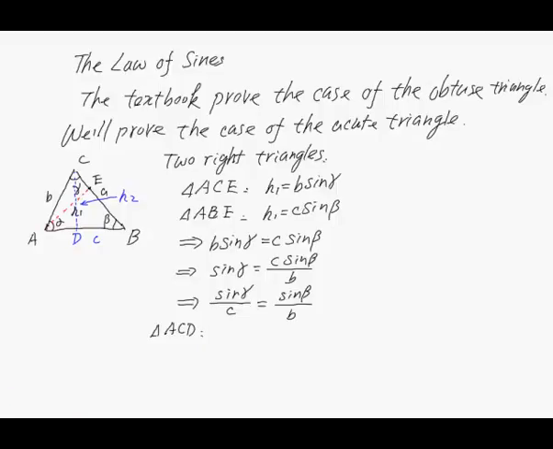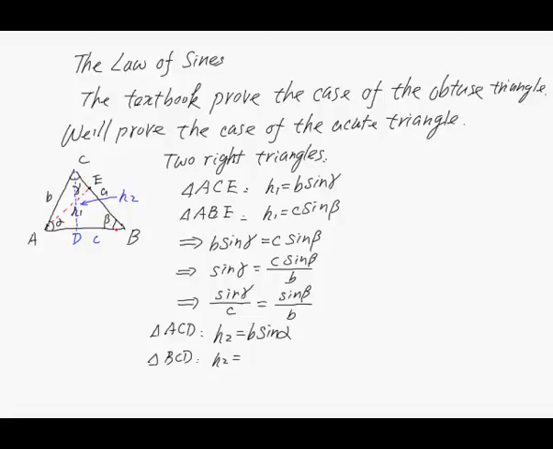So now in the right triangle ACD, H2 is equal to the sine of the angle opposite CD times the hypotenuse B. So you have B times sine alpha. And in the right triangle BCD, you also have this H2 equal to this hypotenuse A times sine beta, right?